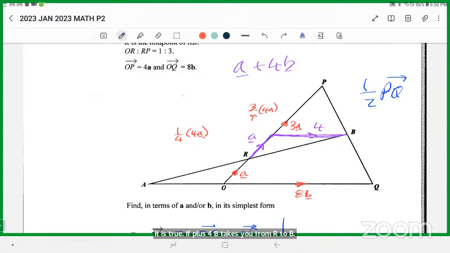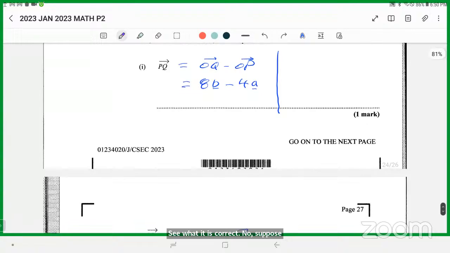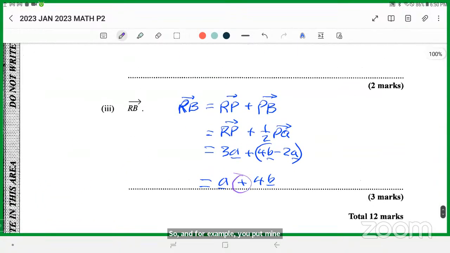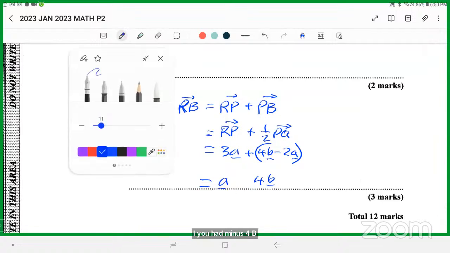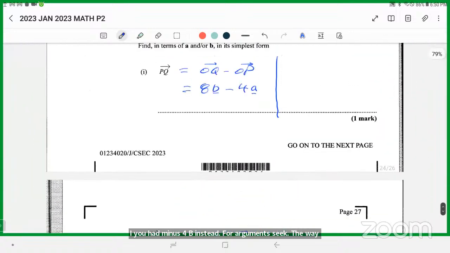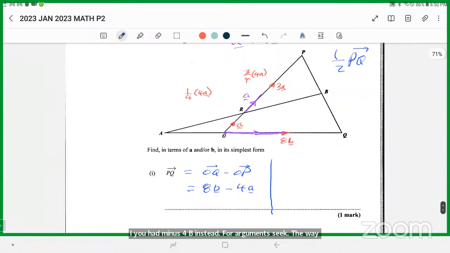Now suppose you made a mistake, for example. That's why this check is important. Suppose you put a minus right here and had minus 4B instead. Then when you do your check, you would see that minus 4B will be going in the opposite direction.